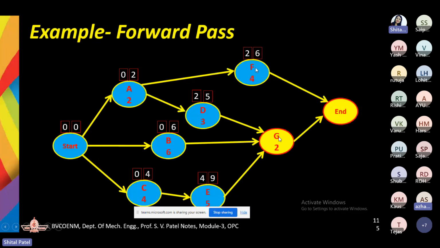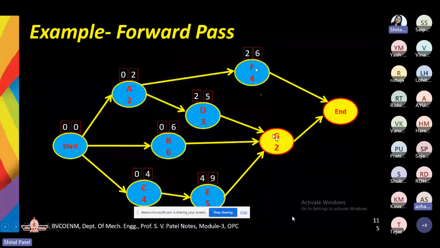Now, any one of you just give me the time for this. Next activity is G. What can be the earliest start time for the G? We have 2 times, earliest start and earliest finish. Now tell me what time is going to be the earliest start time for G? Tell me. Ma'am, 5. 5?